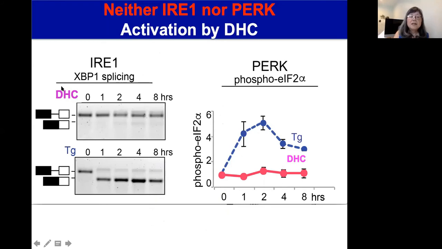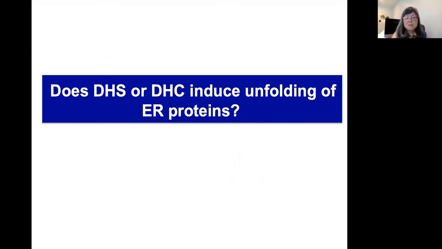But with the DHC, and not shown here, DHS, essentially we didn't see the appearance of the smaller spliced form of XBP1, suggesting that IRE1 is not activated by DHS or DHC. So this suggests that those sphingolipids are specific to ATF6.